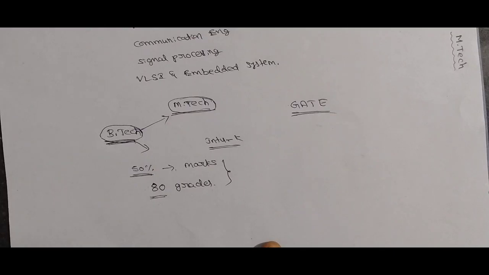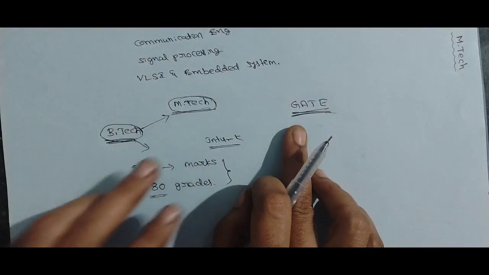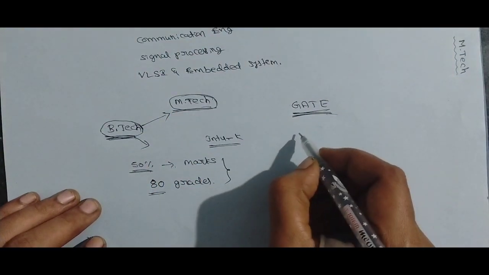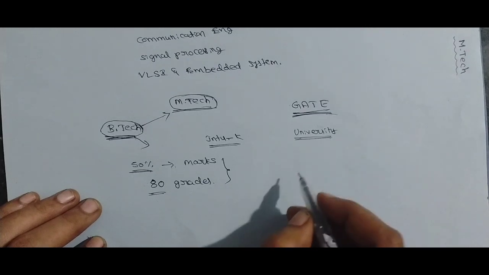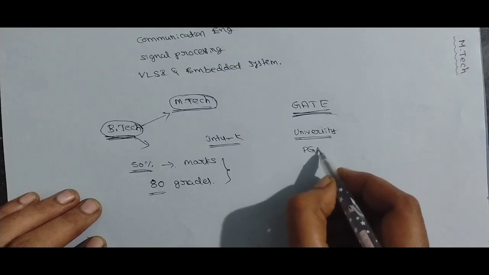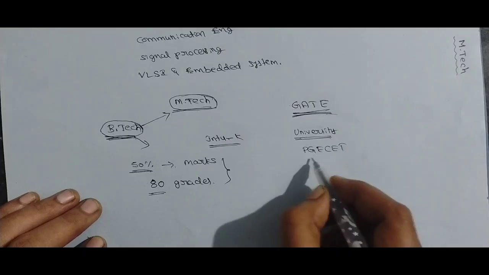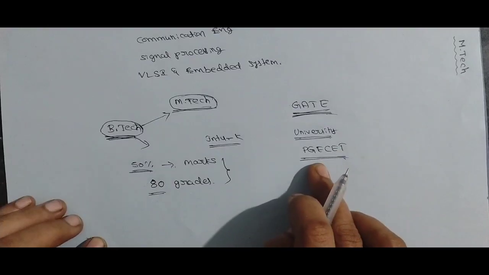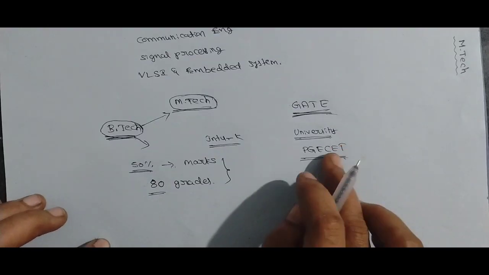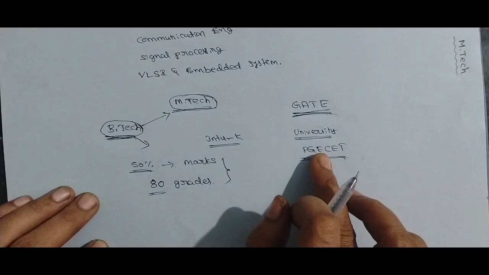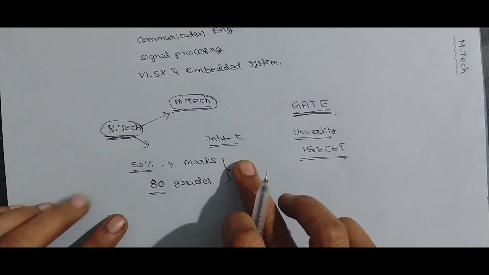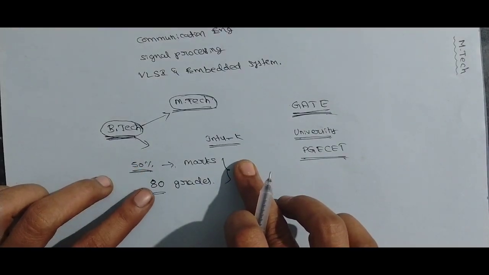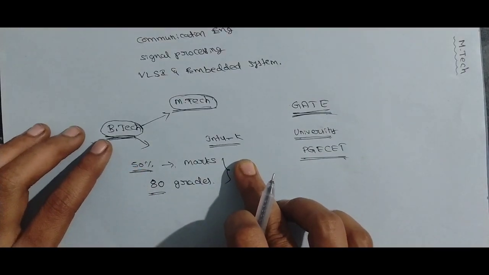Coming to the M.Tech entrance, we all know that for the M.Tech, people will be writing the GATE examination. What is the GATE examination? GATE is the entrance test in order to have the eligibility for the PG section like M.Tech. And also university wise you will be having a test, and that comes to PG ESET, right? This one is also an eligibility test. If you get qualified in either GATE or PG ESET with 50% marks and 80 grades in B.Tech, then you are eligible.